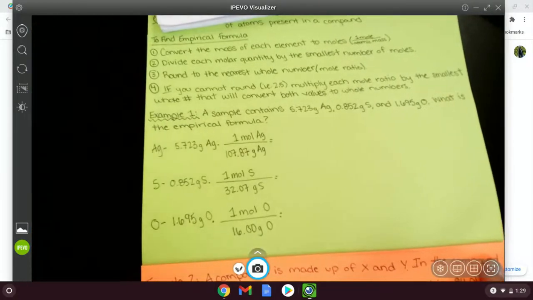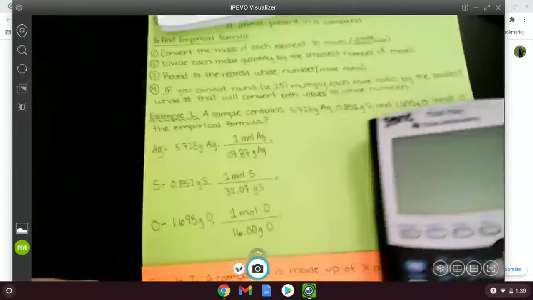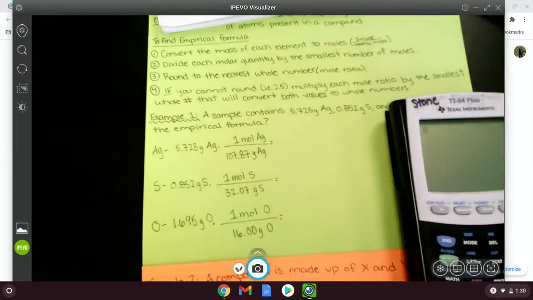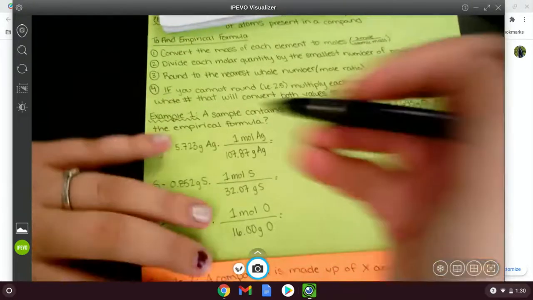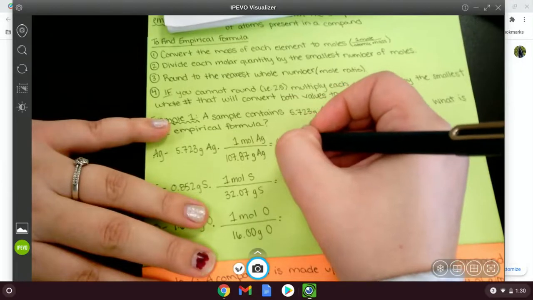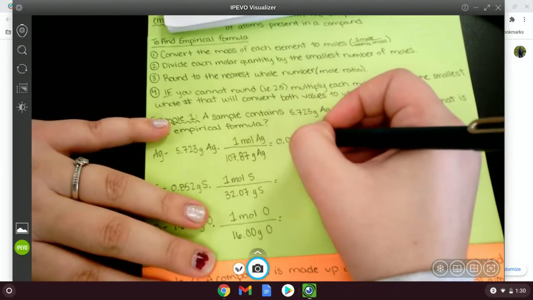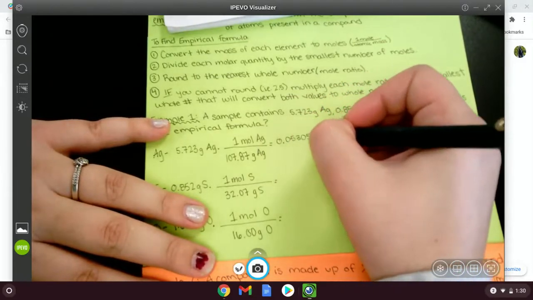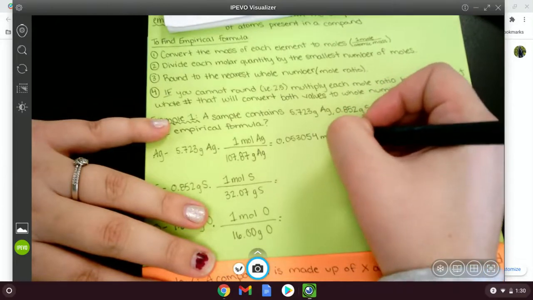So let's go ahead and calculate. We're going to take 5.723 divided by 107.87, and that should get us 0.053054 moles of silver.